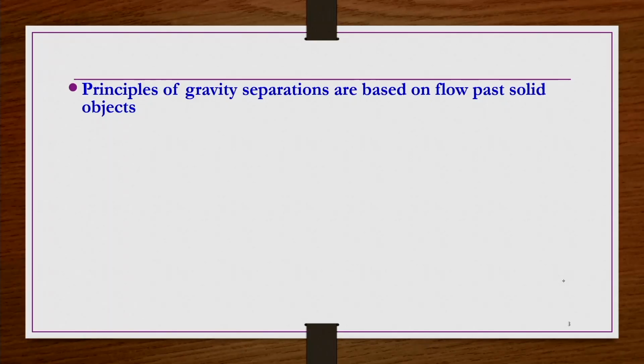The principles of gravity separation are based on flow past solid objects, which we have already seen. We have seen single particle settling in an unbounded Newtonian fluid. Under such conditions, we listed the settling velocity conditions, and under those free settling conditions we developed the settling velocity expression for a generalized case of a particle settling in a Newtonian fluid without assuming any shape of the particle.